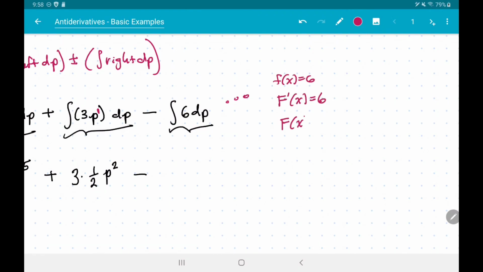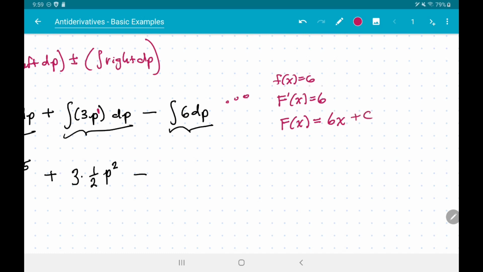Well, if F prime is 6, that means that F has tangent lines that all have the same slope. That should start to sound familiar. The kind of function that has that property is a linear function. And the derivative of a linear function is just the slope. So you can see here that 6x is the antiderivative of 6.